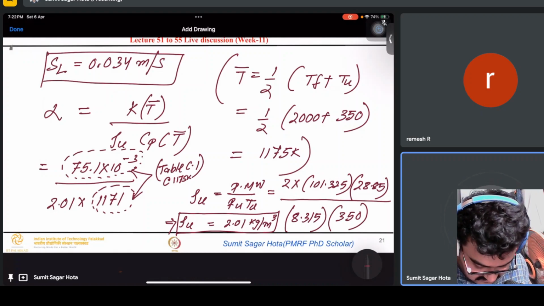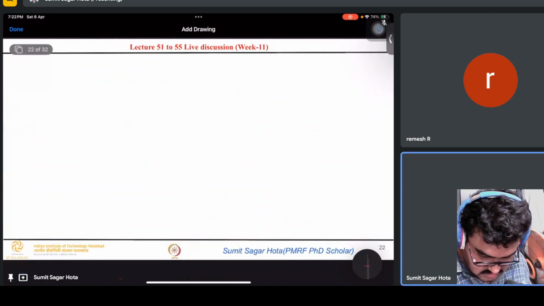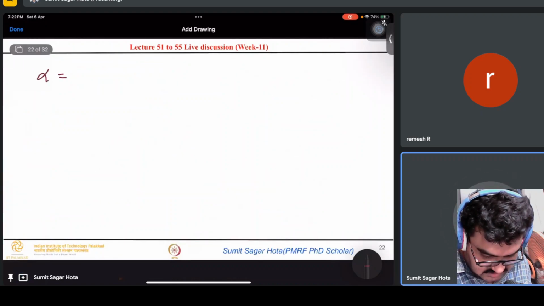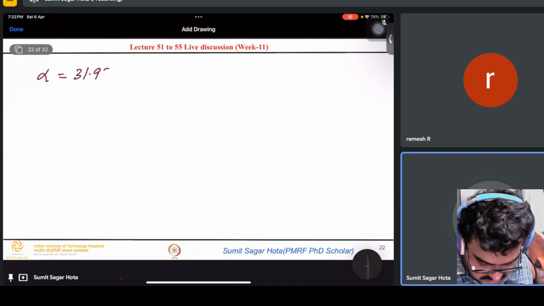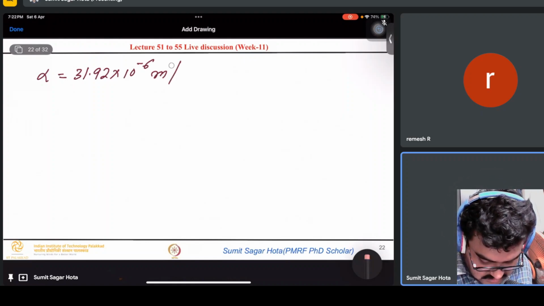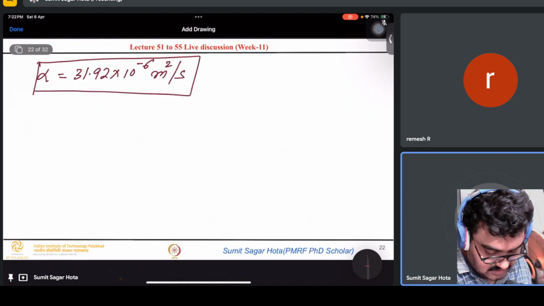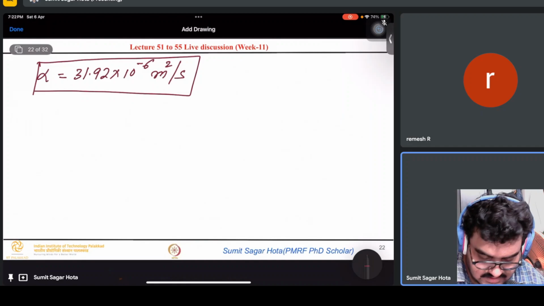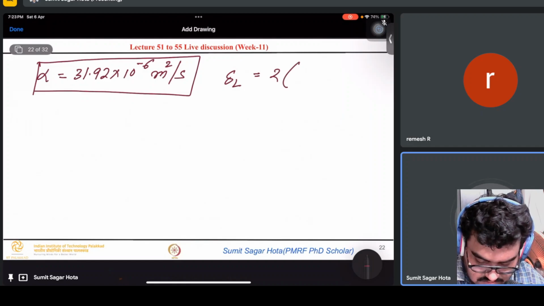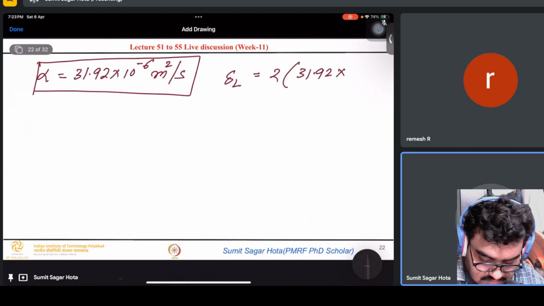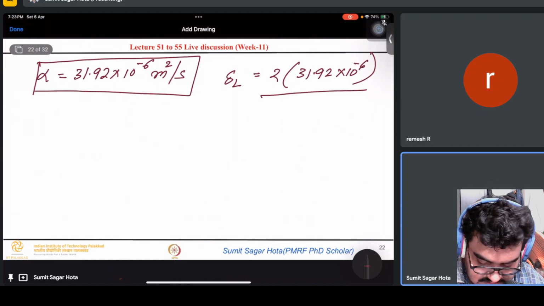Now you can find out what alpha is. If you solve it, we will get alpha as 31.92 into 10 to the power minus 6 meter square per second. So alpha, which is the important thing for finding delta L. Your delta L is 2 into 31 to the power minus 6 divided by SL, whose value you know, 0.034.